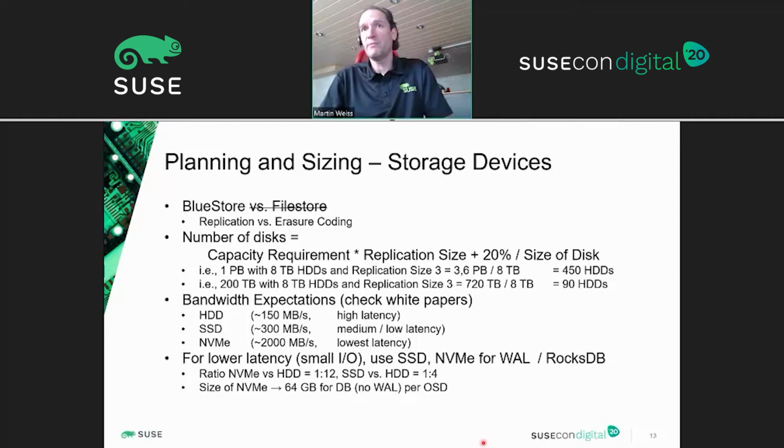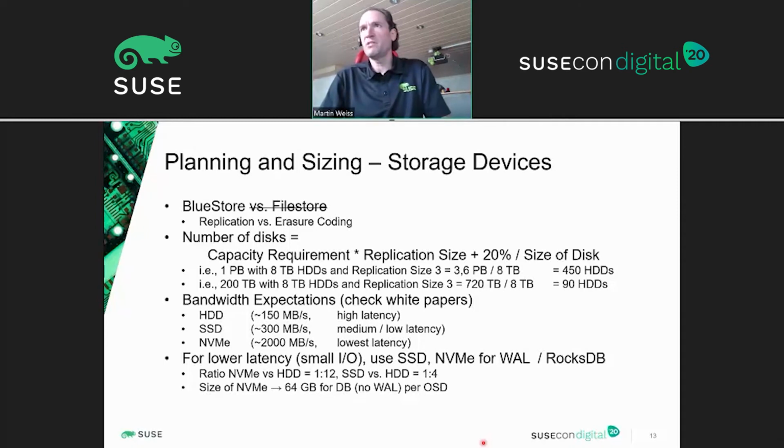But you always have to check the white papers, because there is a lot of variation based on disk type, rotational speed, etc. What's important is that if you have low latency requirements, you have to use flash disks, SSDs or NVMEs. If it's just a big bunch of storage where you only write once and you don't have any performance requirements, you can still stay with HDDs. So just keep in mind, for lower latency, use SSD or flash.